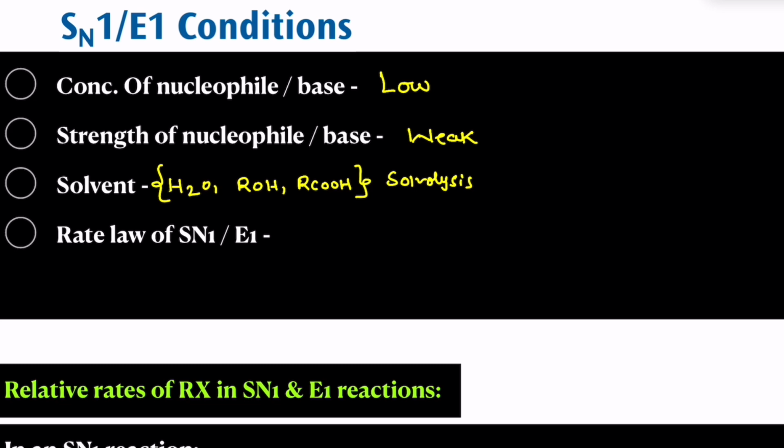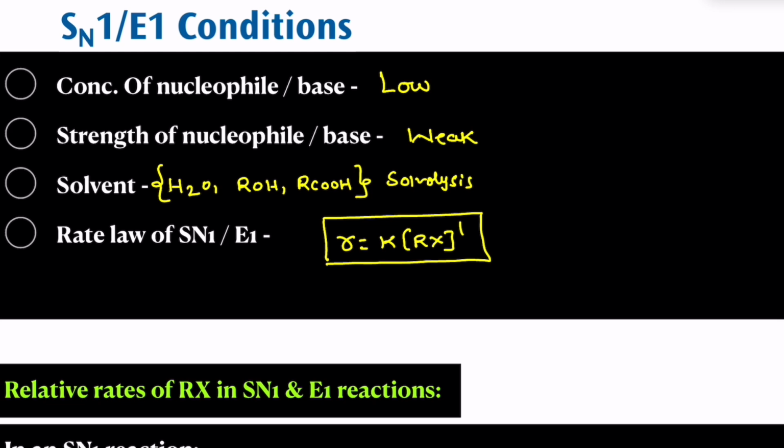And the rate law of SN1 and E1, if you observe, you take either SN1 or E1, the rate law is rate equals k times the concentration of alkyl halide to the power 1. It is first order with respect to alkyl halide. Nucleophile or base does not affect the rate directly with its concentration.